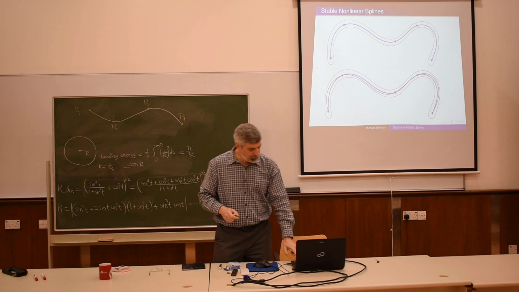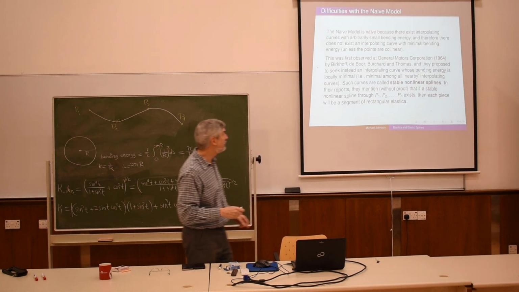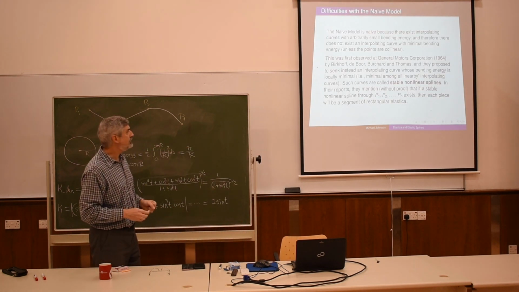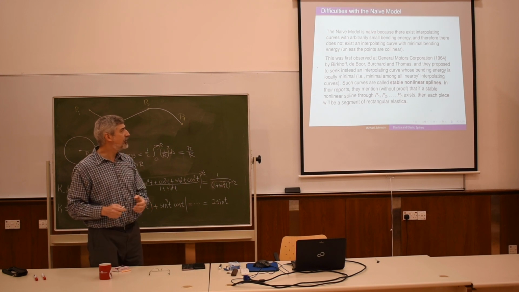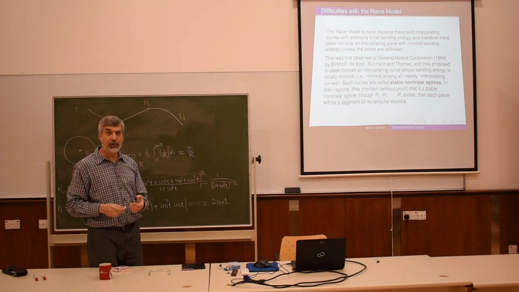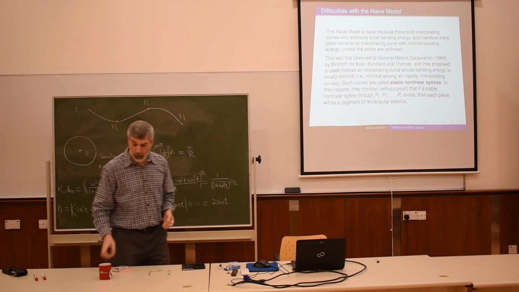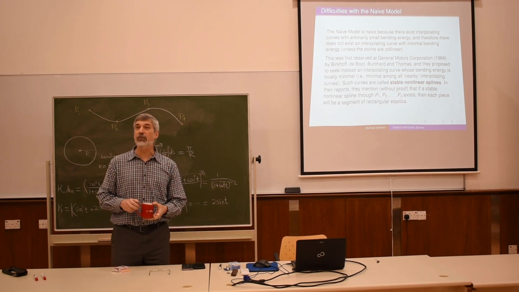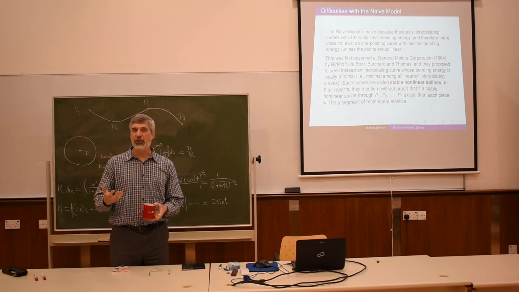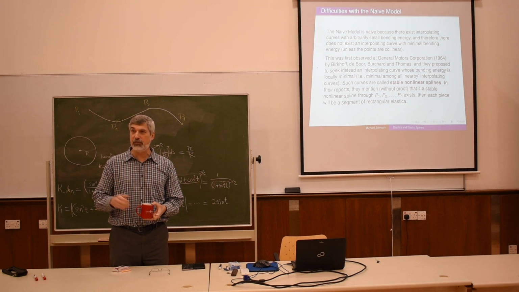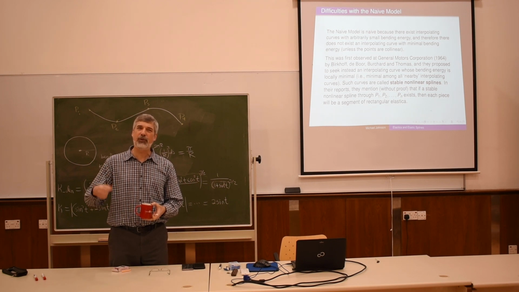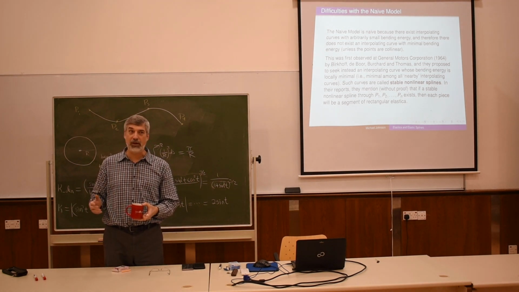Okay, and they have some terminology for this. So a curve like this is called a stable nonlinear spline. The word spline was already in use with cubic splines. Cubic splines, maybe some of you have taken numerical analysis and you've seen a cubic spline. A cubic spline is a linear thing. You have to solve a system of linear equations to get it.